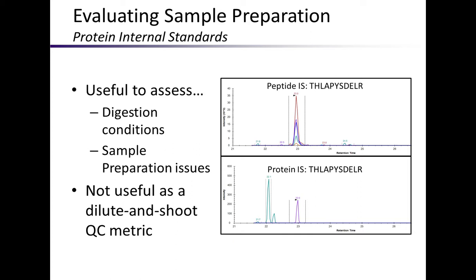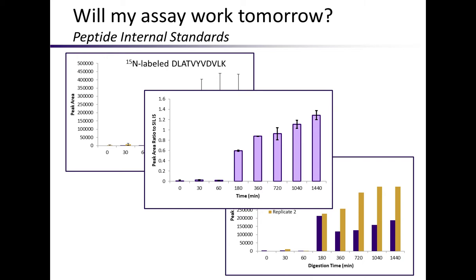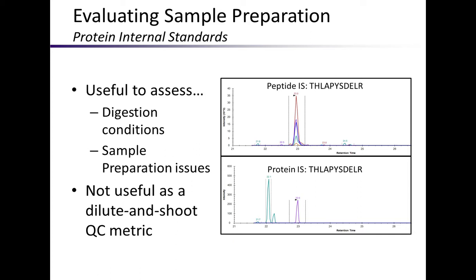Now, you also might want to include a protein internal standard. Back here we're talking about using a peptide internal standard, where I spike it in and just measure to look at instrument performance, because that's probably what happened: my instrument just wasn't performing well. But you can also use a protein internal standard to assess different digestion conditions and sample preparation issues.